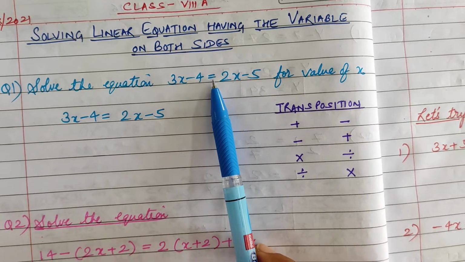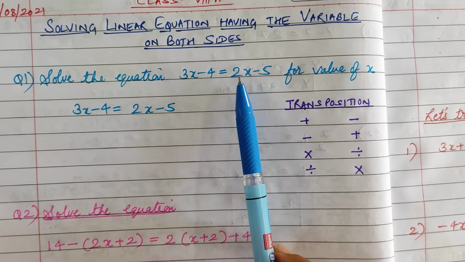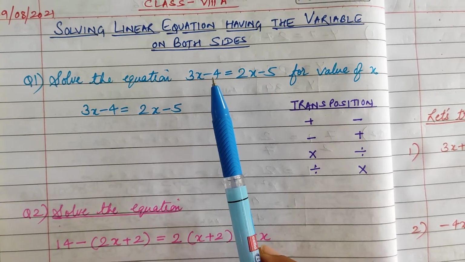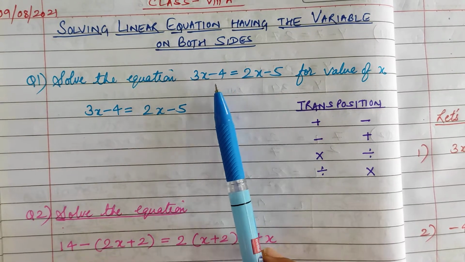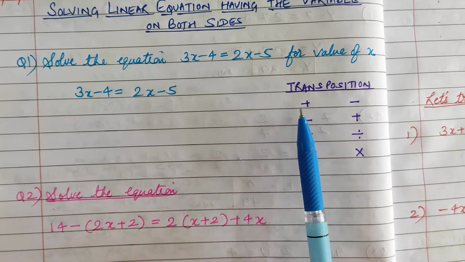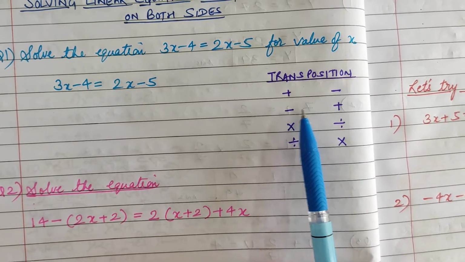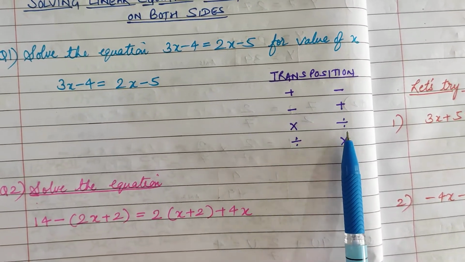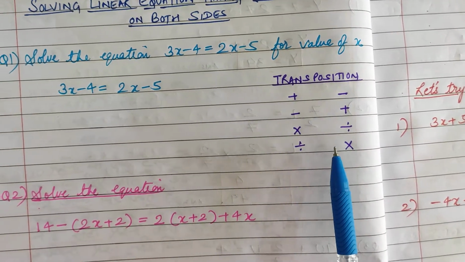You all know equations consist of two parts, left hand side and right hand side. So transposition means just bringing the term to the other side, from left hand side to right hand side or from right hand side to left hand side. So while transposition, what happens? Sign changes: plus changes into minus, minus changes into plus, multiplication to division and division to multiplication. This we have to always remember.